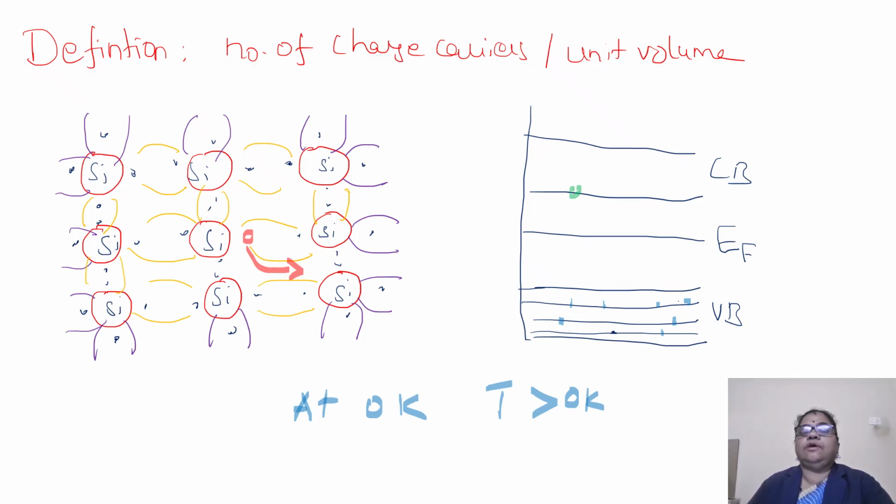With this increase in free electrons, we can find the charge density, that is, the number of electrons in the conduction band.